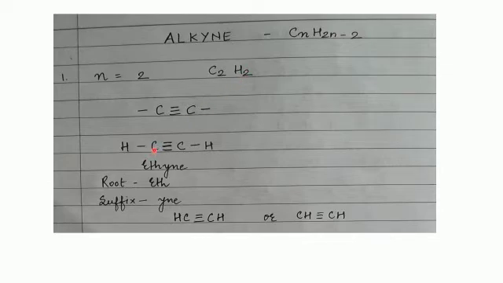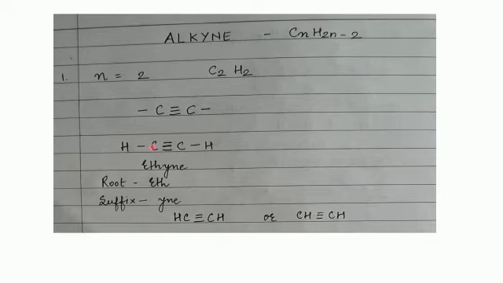Coming to the first carbon atom, here we have a triple bond, meaning it is sharing 3 electrons with this carbon. So in all there are 3 pairs of electrons, or 6 electrons, being shared between the two carbon atoms. So each carbon will now need only 2 more electrons to establish an octet.